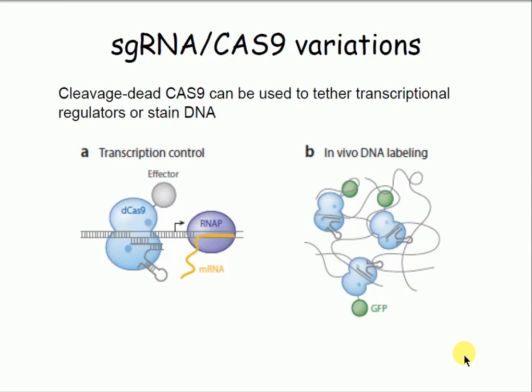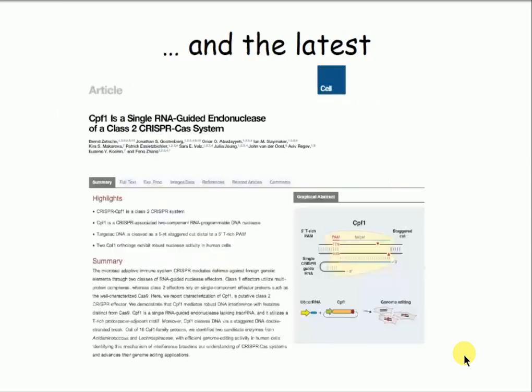So it's good to watch out for new developments in this field. And the latest was this one, which was last year. It's a very popular research field, so there's lots of development. So watch out in journals like Cell, which is the most prestigious journal, to look out for new developments in the field.